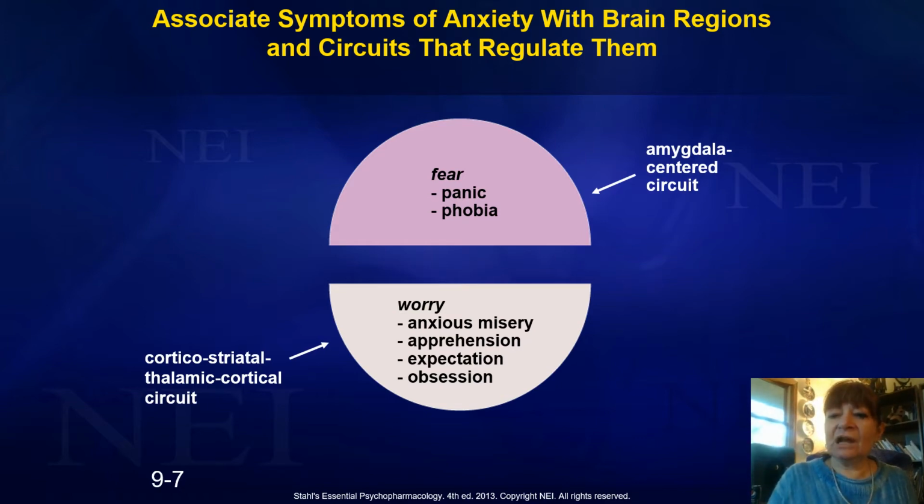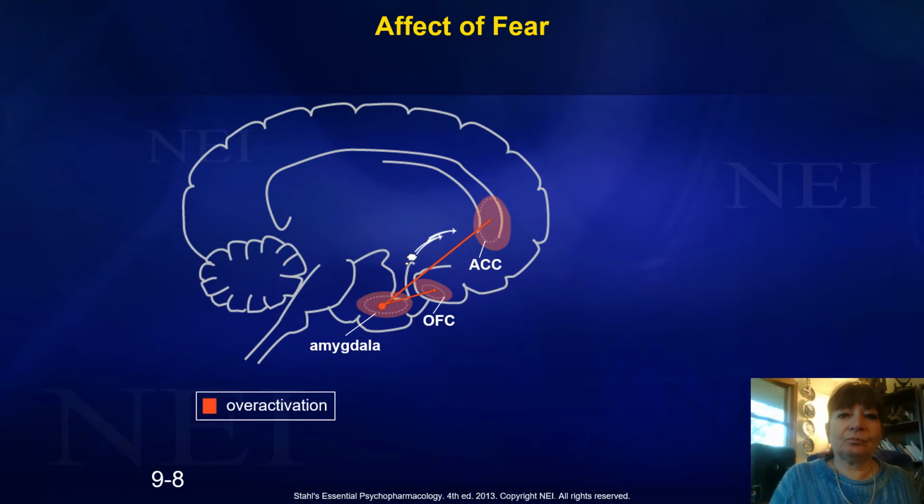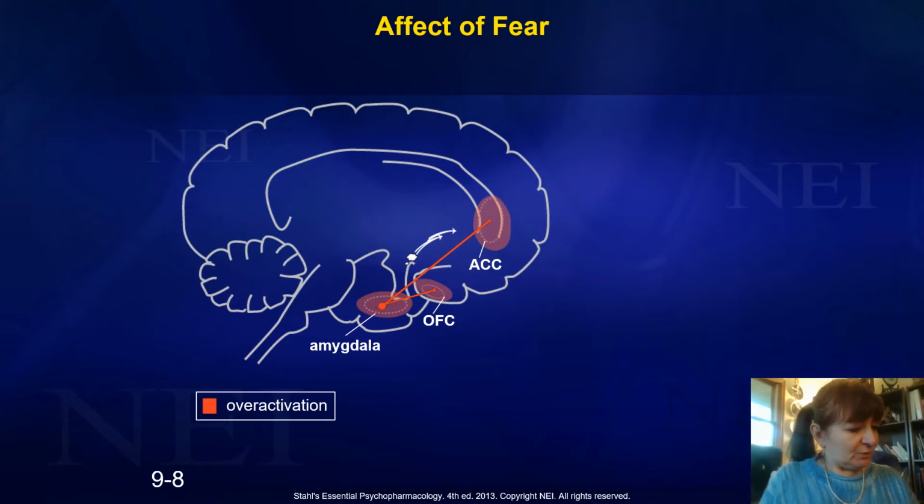Okay, so the next slide, we see the circuit that's overactivated here. We're looking at fear, which I said was related to an amygdala circuit. And so the fear is primarily associated with the amygdala, the limbic system, and the orbital prefrontal cortex.